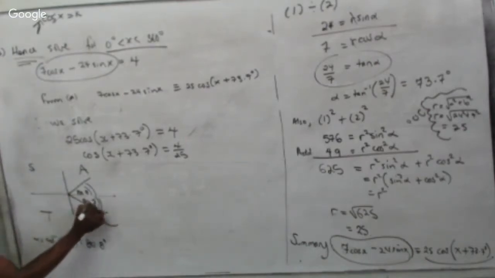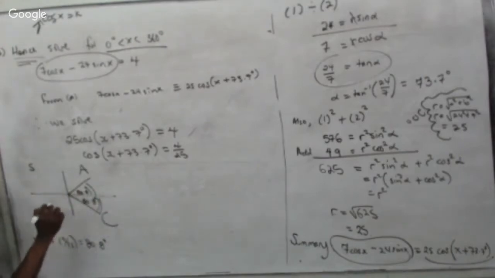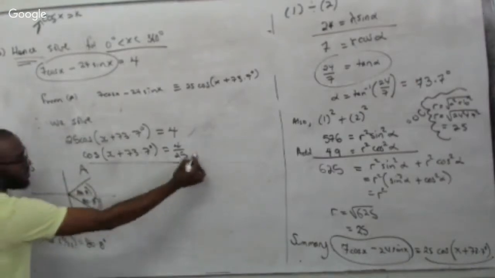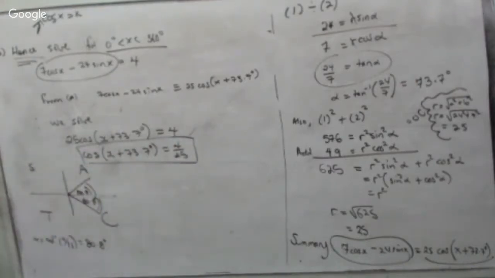Everybody got that so far? Solving this, that is the regular method of solving for specific solutions, whether by the graph or by the quadrant system. I realized that I could not use the graph, so I'm using the quadrant system.